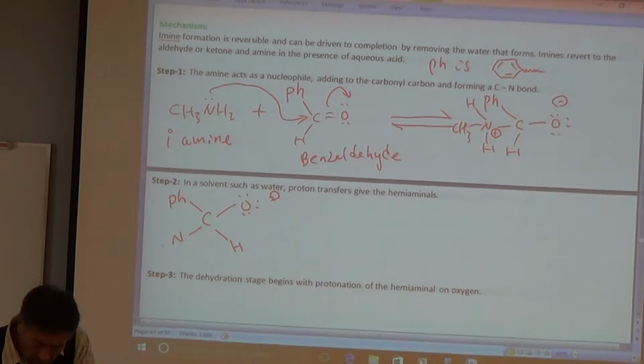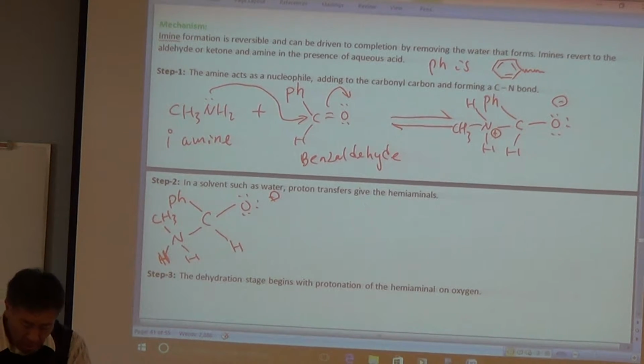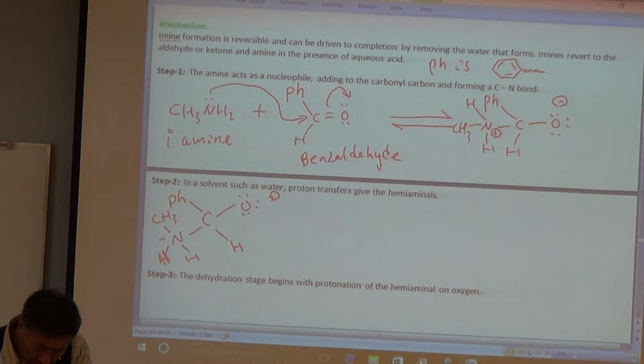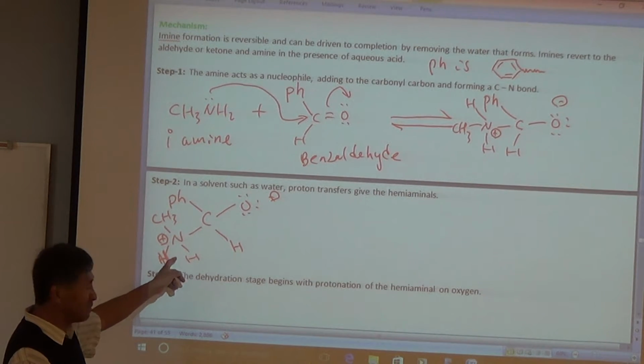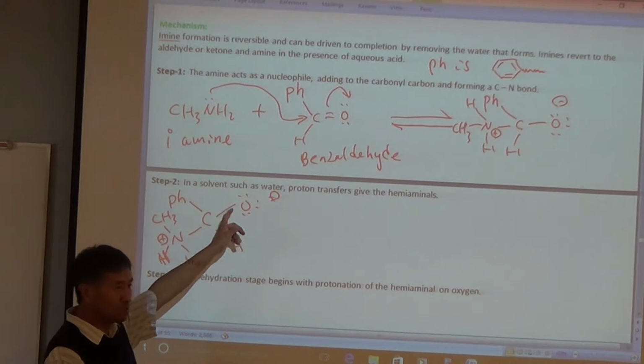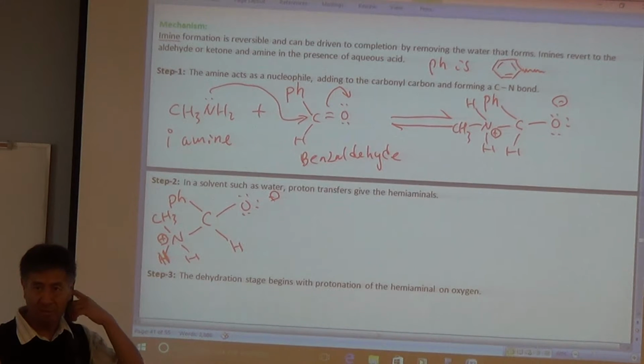And this N, now this is CH3, and H, and H. This N right now has a positive charge. So we are going to deprotonate this N, one of these H, and we are going to protonate the oxygen at the same time.